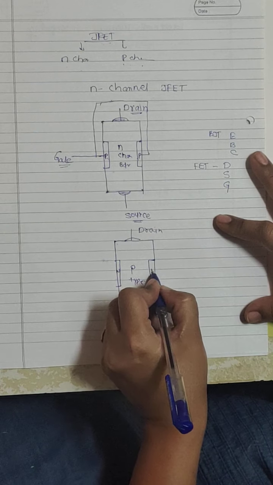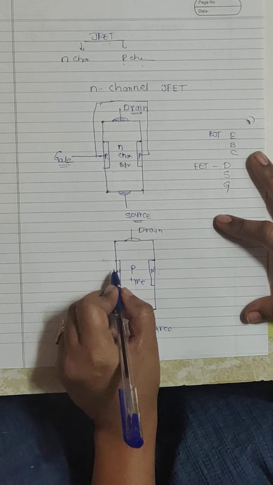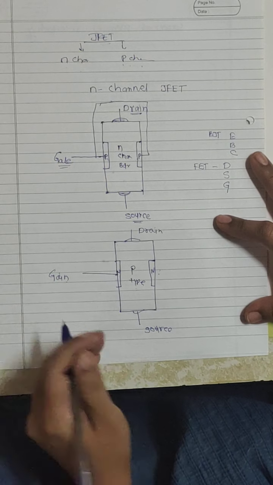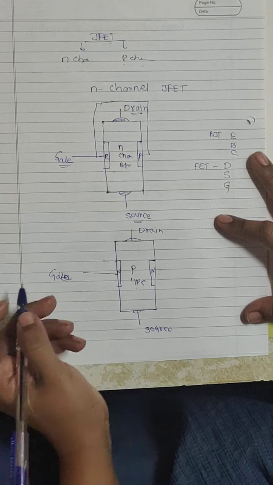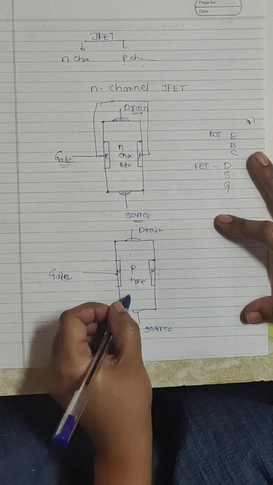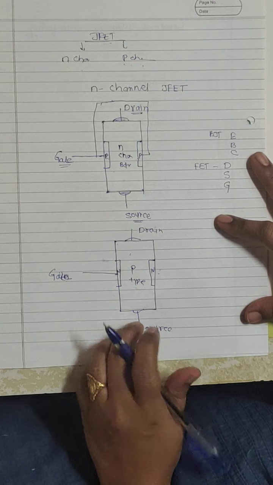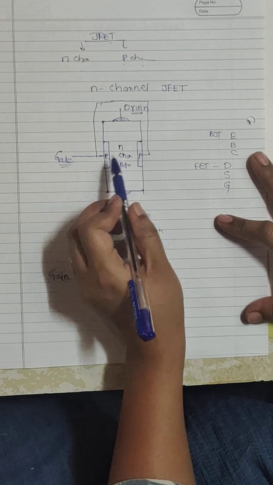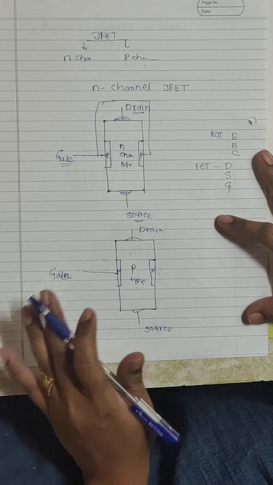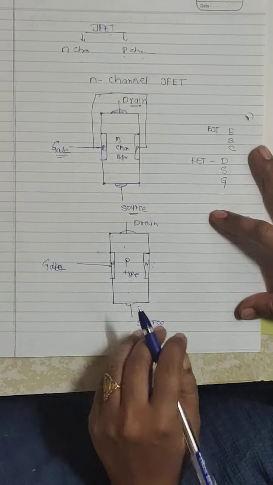These two N regions are internally connected and one terminal is taken out, which is the gate terminal. This is the P channel, that's why it is called a P channel JFET, and the other is called an N channel JFET. This is the simple construction of the N channel JFET and P channel JFET.